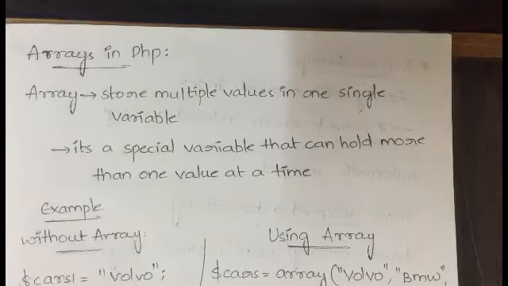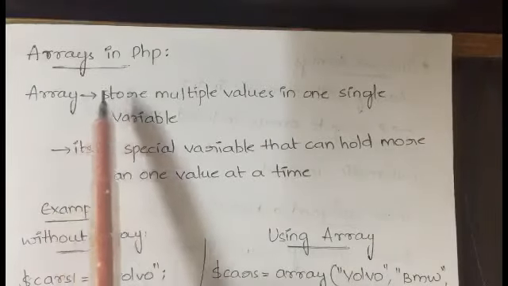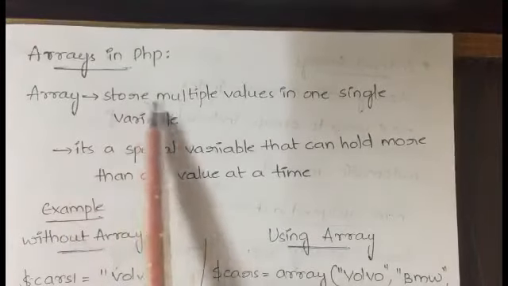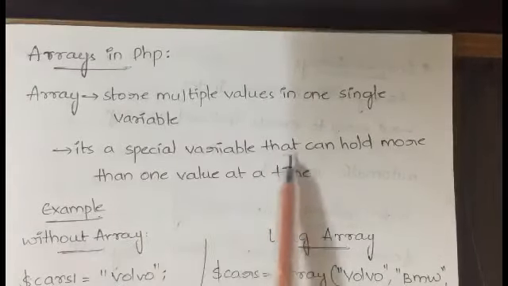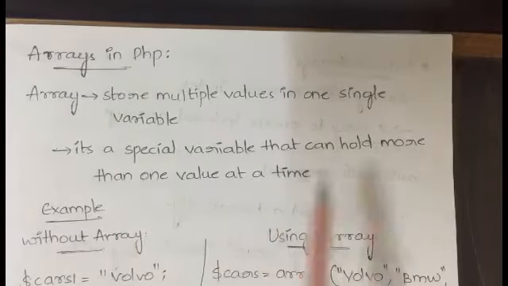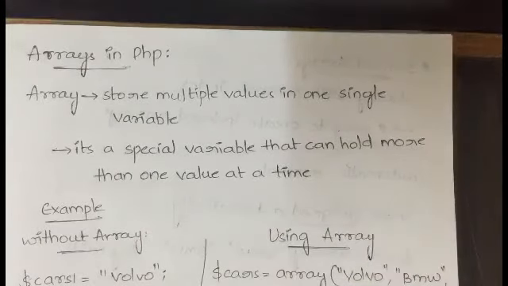In today's video, we will learn about array, what is the definition of array, and how to create an array, and what are the types of arrays we have in PHP. Okay. In PHP, the definition of array, it can store multiple values in one single variable. It is a special variable that can hold more than one value at a time. Anything is okay among both the definitions.